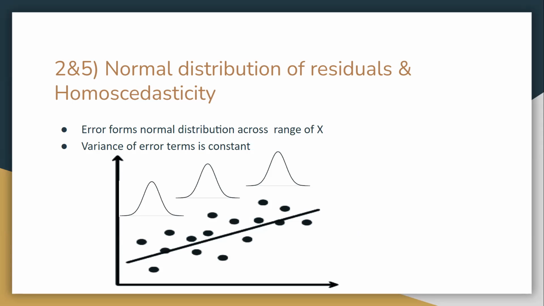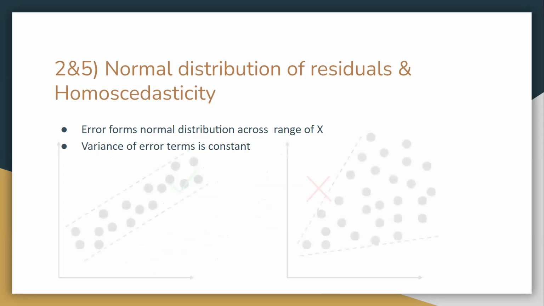If you look at localized clusters, as we move from x equal to 0 to x equal to the maximum value, you see that these error terms in various ranges of x form a normal distribution. And this is a very much required assumption for the linear regression model.